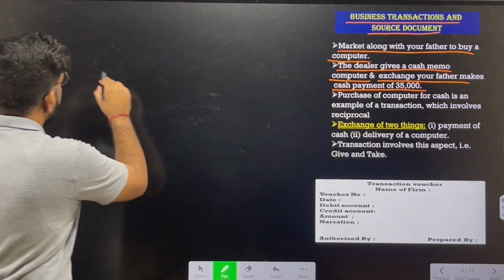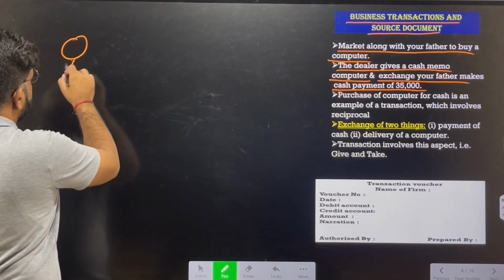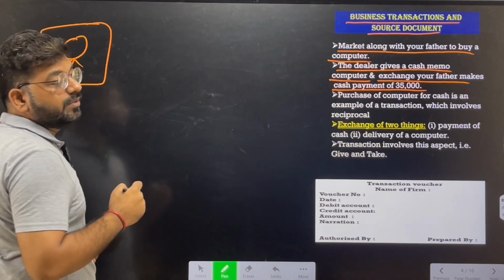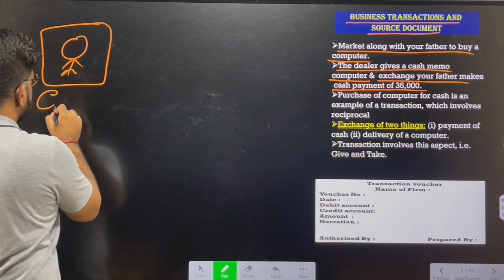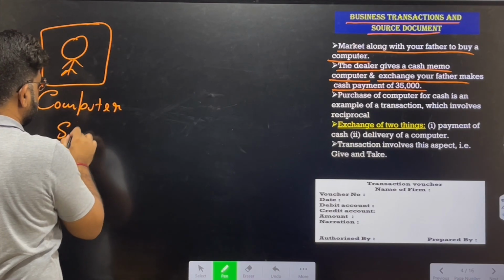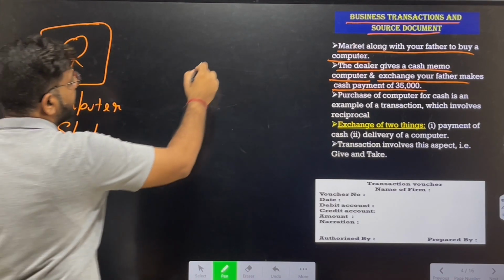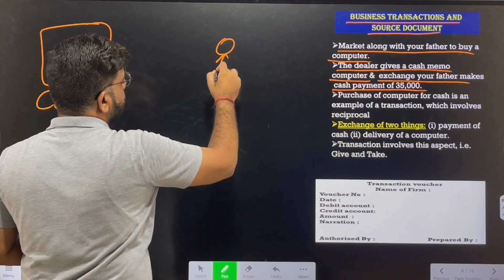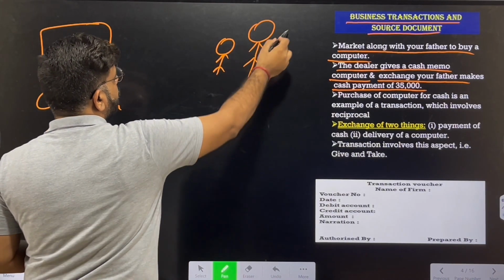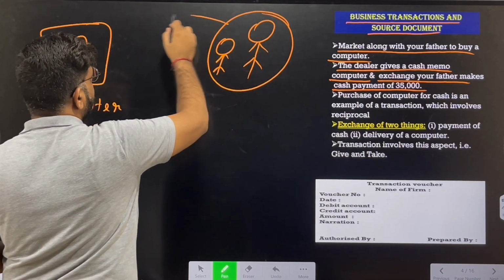Suppose what's happening? This is a businessman who owns a computer shop. And this is you, going with your father to the shop in order to get the computer.